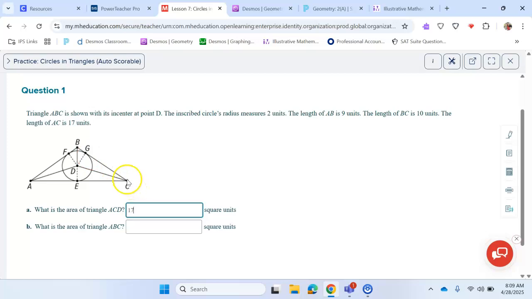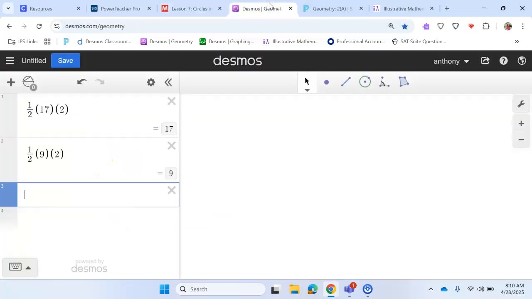Triangle BCD would have a base of BC, which is 10, and its height would also be the radius. So 1/2 times its base, which is 10, times its height, which is also the radius.